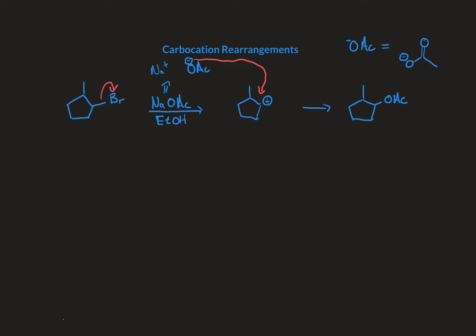This carbocation can rearrange. And so if we look at this methyl group, there's a hydrogen coming off of that same carbon. And that hydrogen can undergo what's called a hydride shift, where this hydride just shifts over to that carbocation.